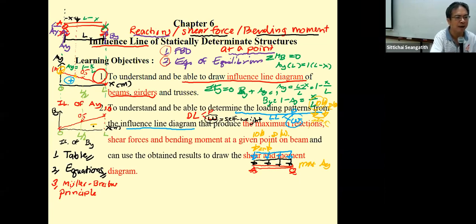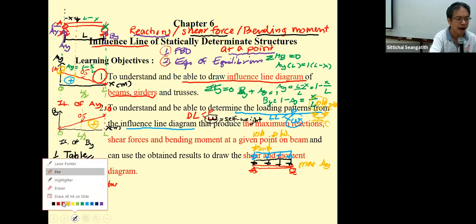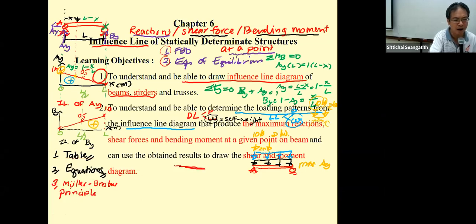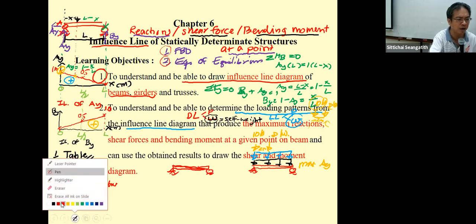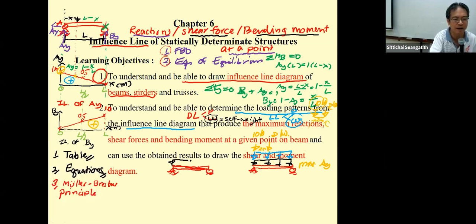Again, if you use this one, this is positive also, and you can know the loading pattern of B sub y, very similar to A sub y, in which the dead load will cover the whole length, and then the live load, that is uniformly distributed load, is also the same thing. Since this is positive, all the length just put this one like this, and then next the point load in this way.